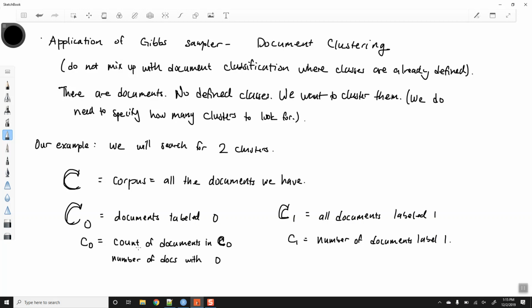Okay, and again, we're going to use the bag of words model, which basically says the order of the words in a document does not matter, okay?